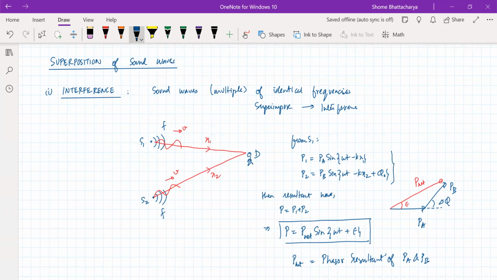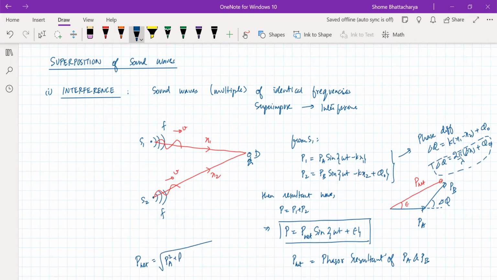So you can see here, first of all, from these two, phase difference delta phi will become this whole term minus this whole term. So it will become k into x1 minus x2 plus phi naught in this case. Okay, so it is basically again that 2 pi by lambda into path difference plus the initial phase difference phi naught here. Okay, and our net pressure amplitude is given by, formula wise, it's given by the triangle law type of formula. So nothing extraordinary over here.